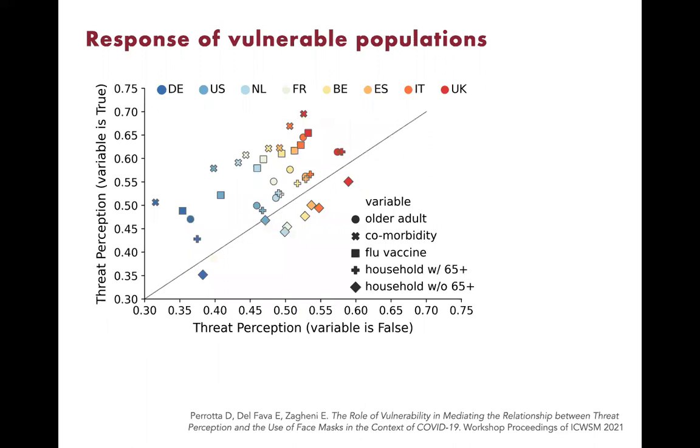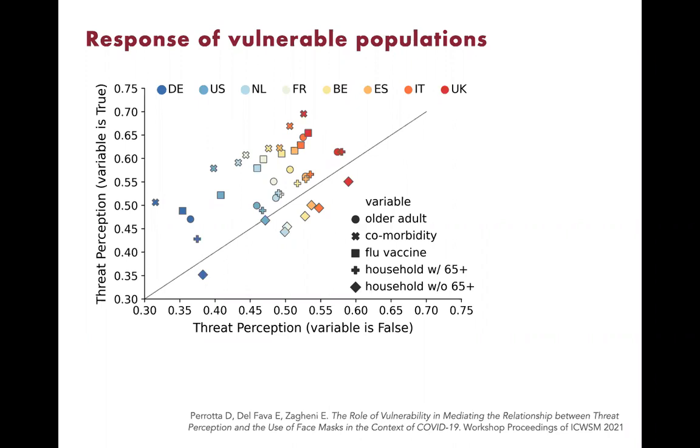And considering now those vulnerable groups we could identify in our survey, such as older adults, people with comorbidities, people who got the flu vaccine, households with people aged 65 plus, and households without people aged 65 plus as a sort of baseline to assess the outcome of non-vulnerable groups.